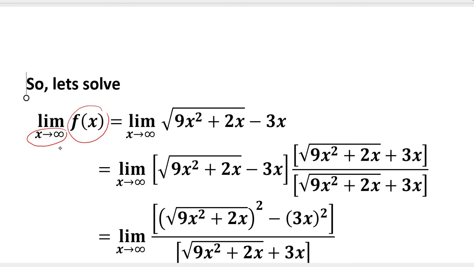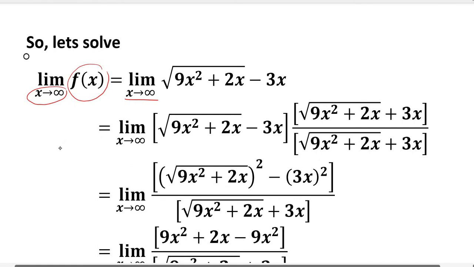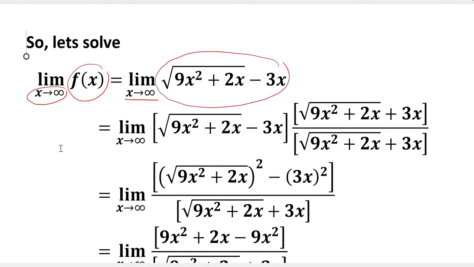So let's solve this one. One more thing we should know is that when x approaches either positive infinity or negative infinity and you have a square root inside the function, we need to do the rationalization. So you need to multiply and divide by the additive inverse of this one.